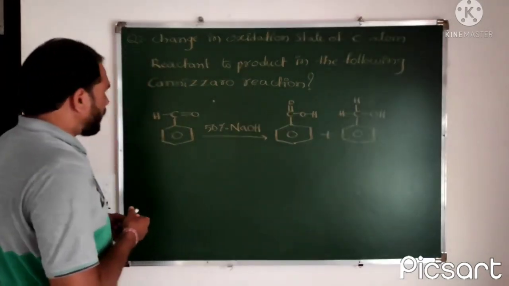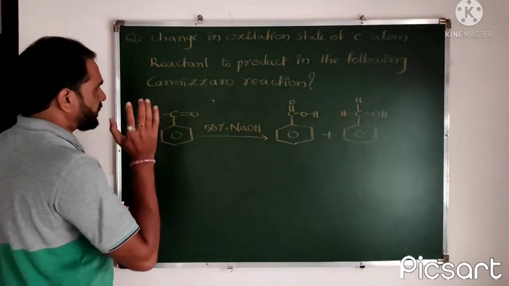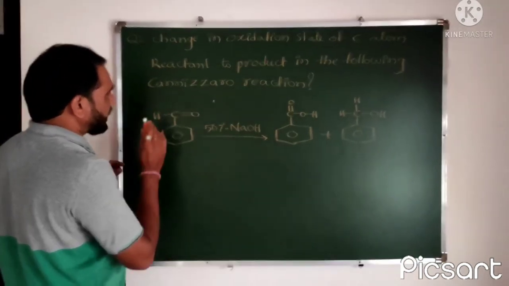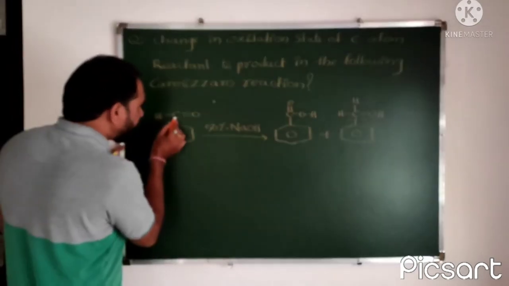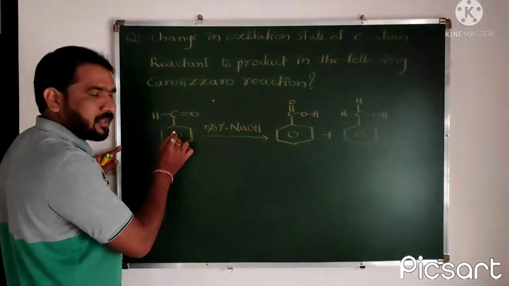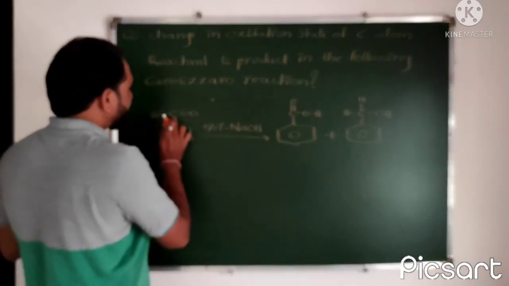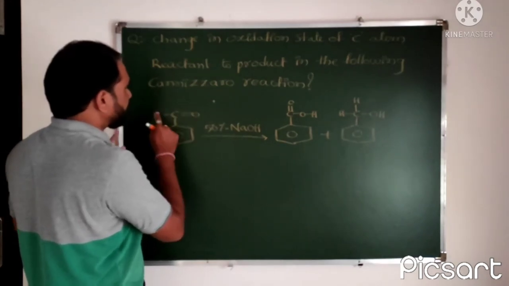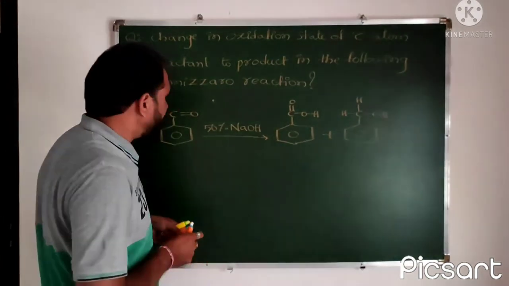Then coming to the oxidation state of carbon on the left side. How do we calculate the carbon oxidation state? Here the carbon is attached to a carbon present in the benzene ring. Is it clear? So this carbon's oxidation state depends on the oxidation state of the surrounding atoms, hydrogen and oxygen.